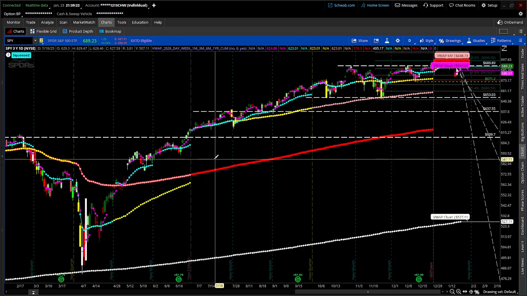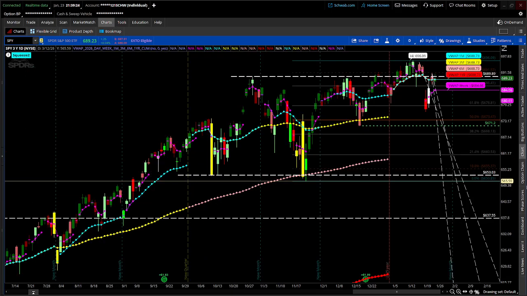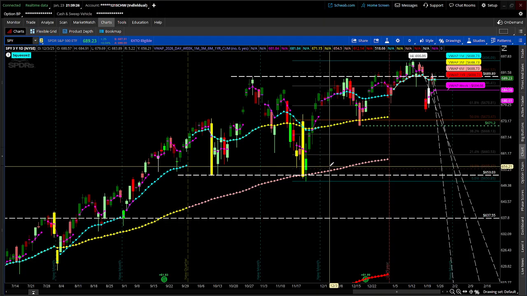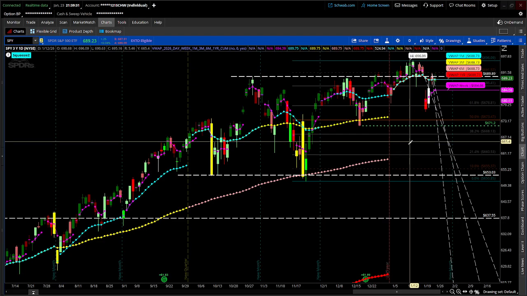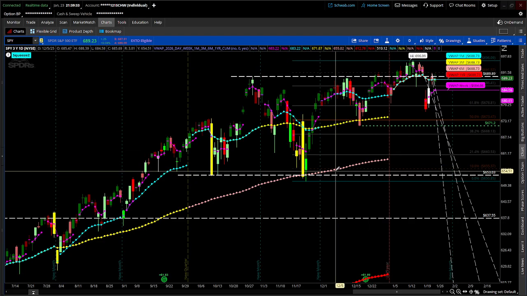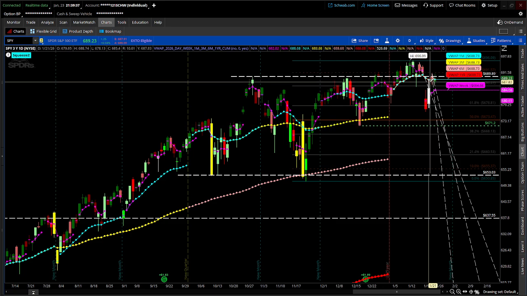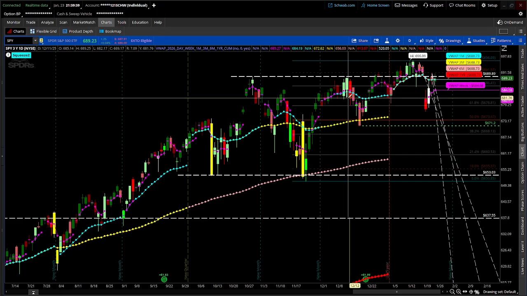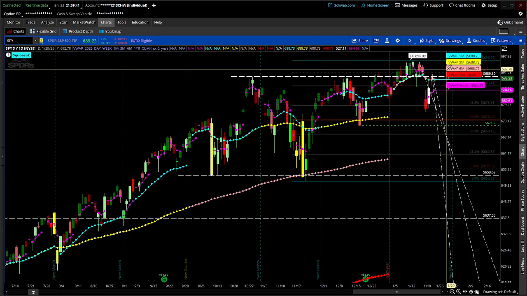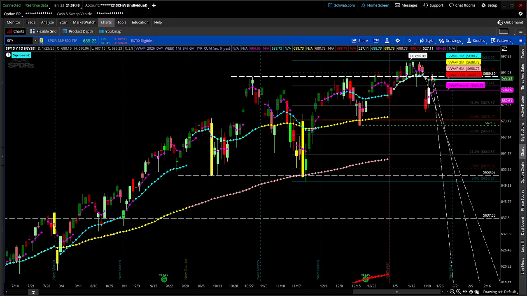You can see how these VWAPs have played a role. This pink VWAP here is our 6-month VWAP. The yellow ones are quarterly, or our 3-month VWAP. And this cyan, blue color right here is our 1-month VWAP.